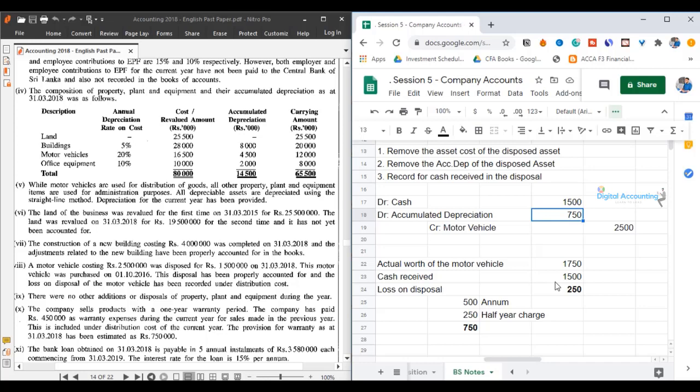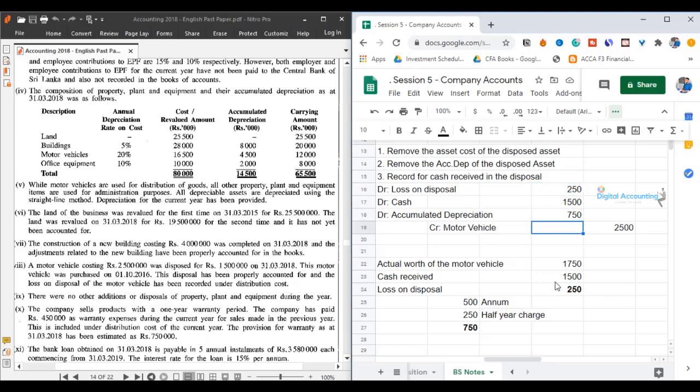So the actual worth is 1,750, but we have sold that asset for 1,500. So there is a loss. Loss means that's a debit entry in the P&L. Loss on disposal is 250.